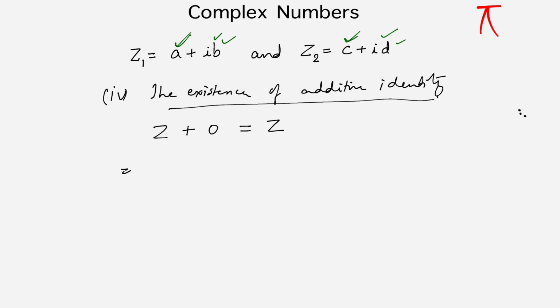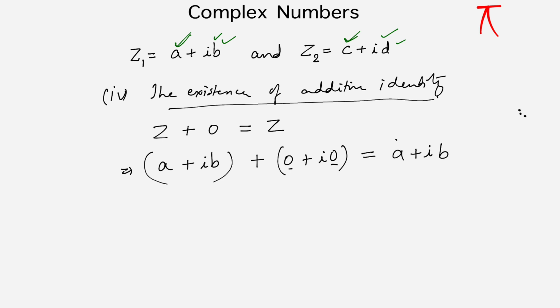We can just elaborate it. So Z can be written as A plus iB, and 0 can be written as 0 plus iota 0. So it will remain the same because the real part is 0, the imaginary part is 0. So if 0 is added to A, it will remain A. If it is added to B, it will remain B. And our complex number A plus iota B won't change. So that is the proof that there is the existence of additive identity.